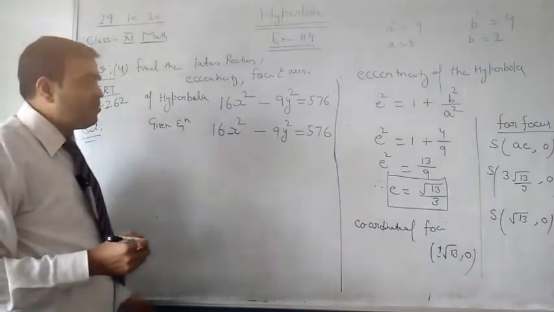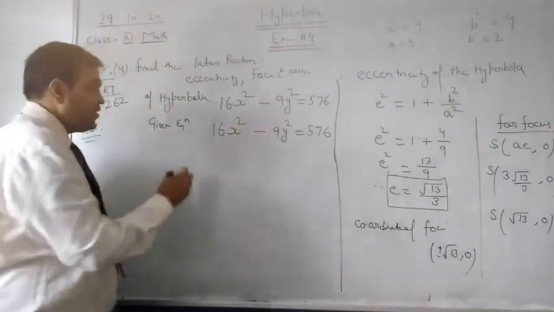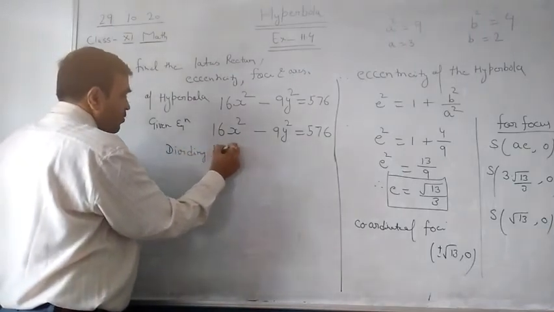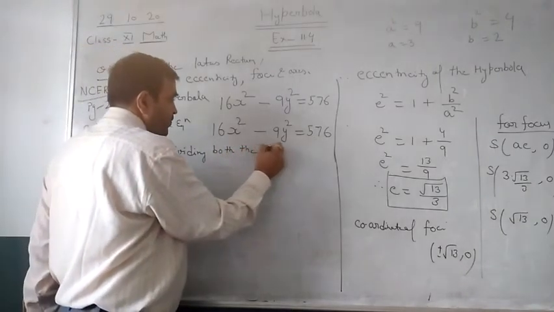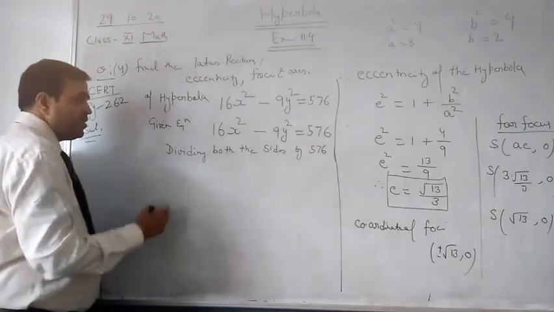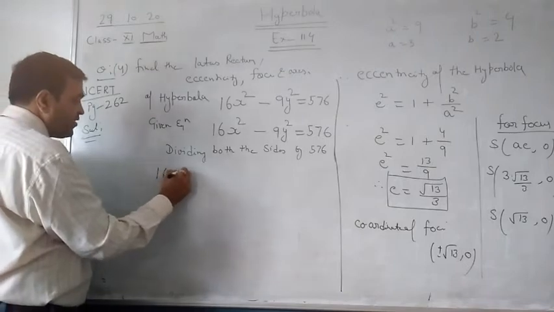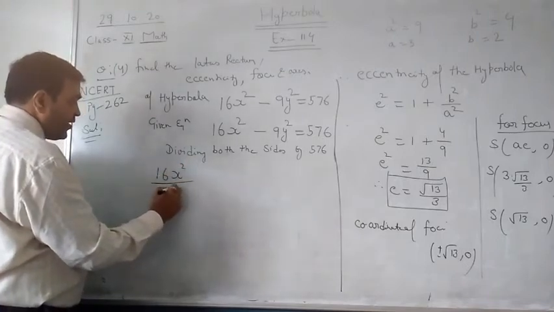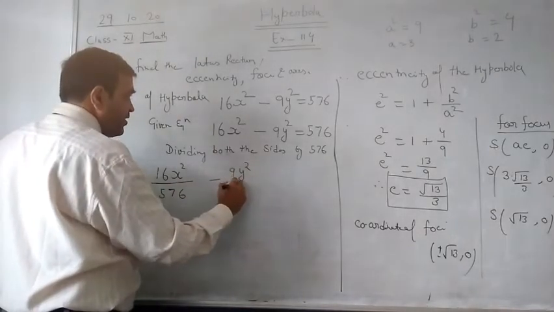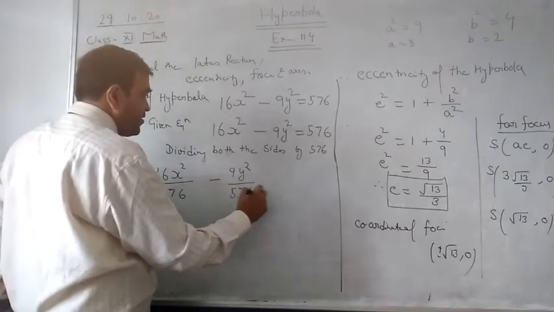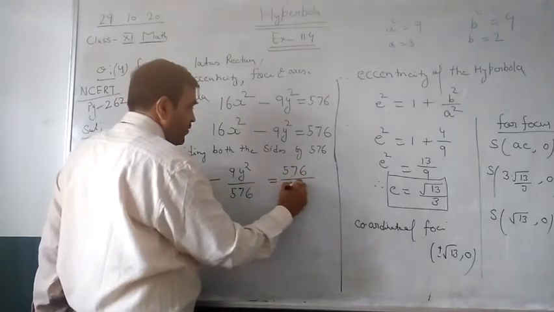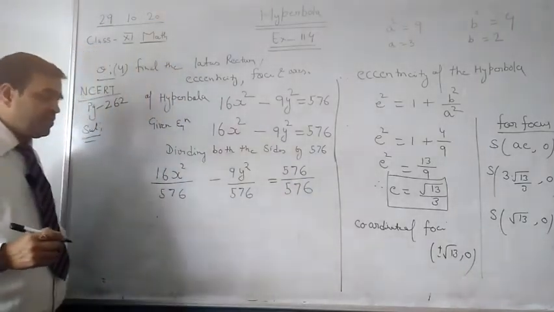Dividing both the sides by 576: 16x square divided by 576 minus 9y square divided by 576 is equal to 576 upon 576.